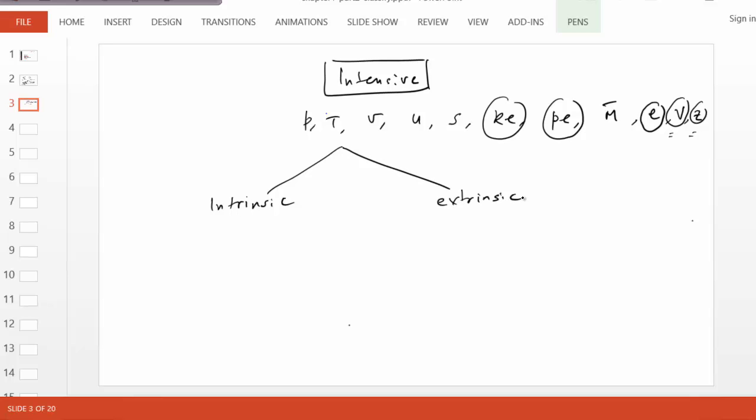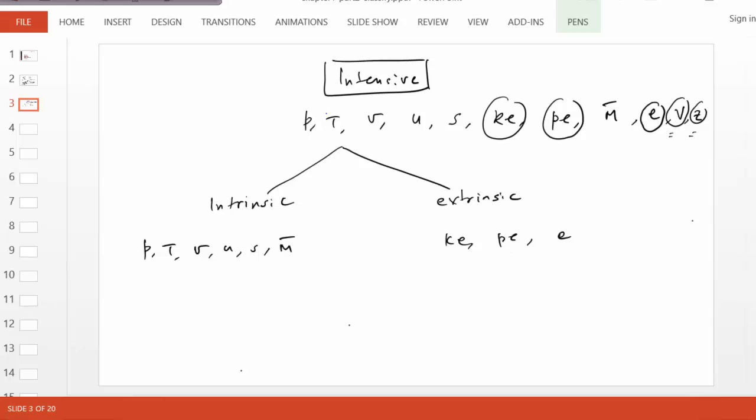I know this discussion is becoming esoteric, but once I finish this discussion, it will all make sense. So these properties that I'm listing here, KE, PE, E, etc., are extrinsic properties of the system. That is, they depend on who is observing them.